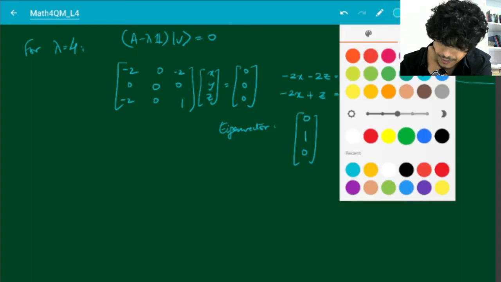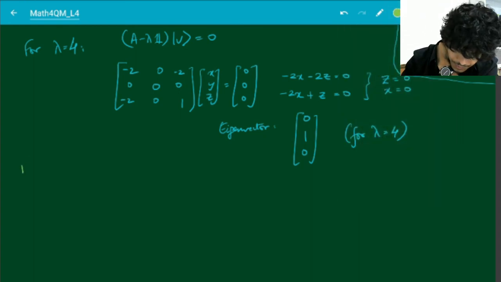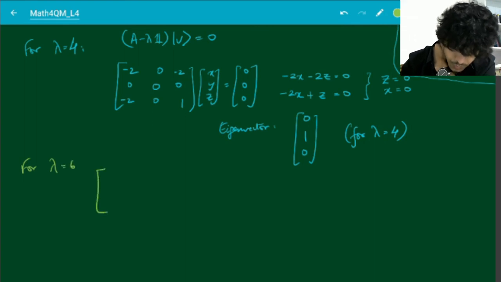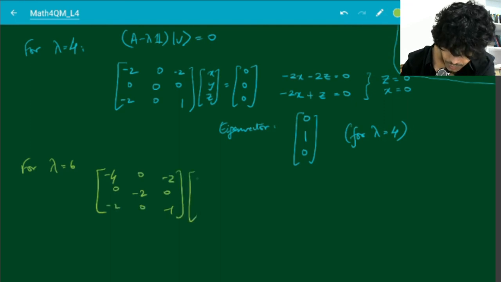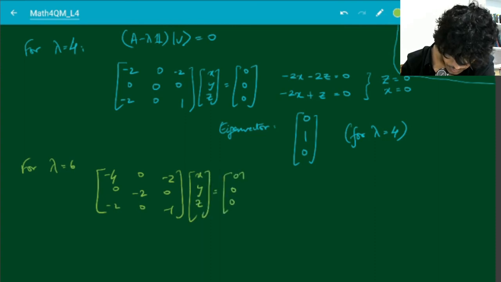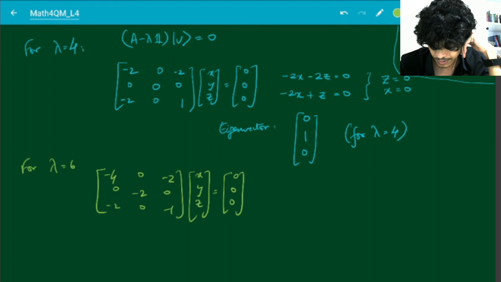And then finally, let's do the same thing for lambda equal to 6. So now 2 minus 6 is minus 4, 4 minus 6 is minus 2, 5 minus 6 is minus 1; 0, minus 2, 0; 0, minus 2, 0, operating on x, y, z is 0, 0, 0. Once again, I'm going to do an elementary row transformation.